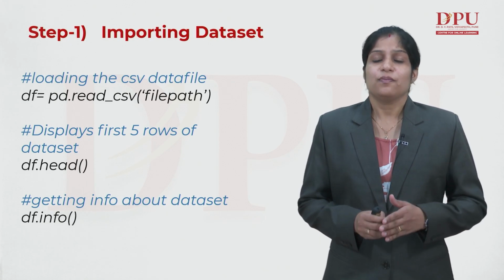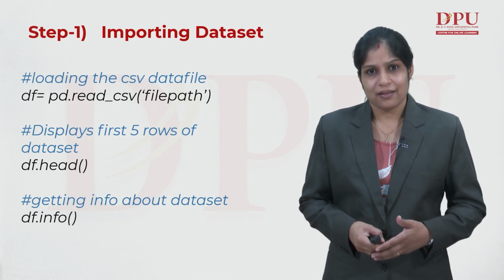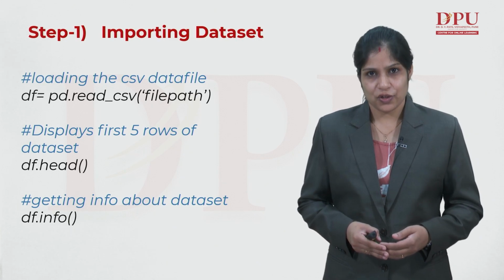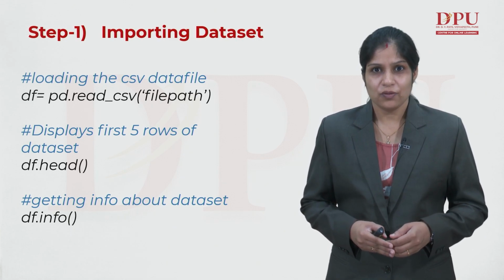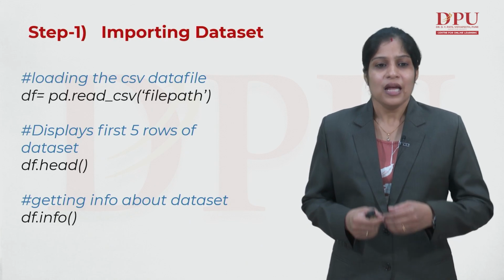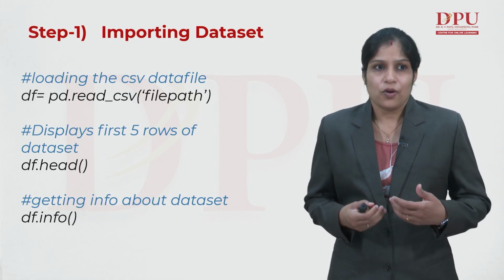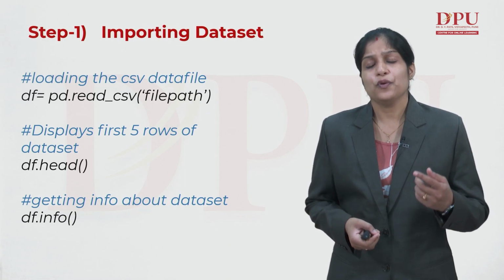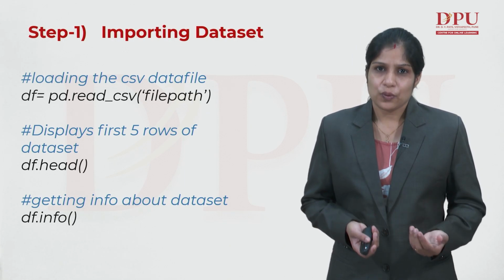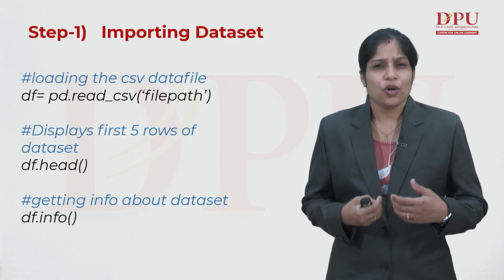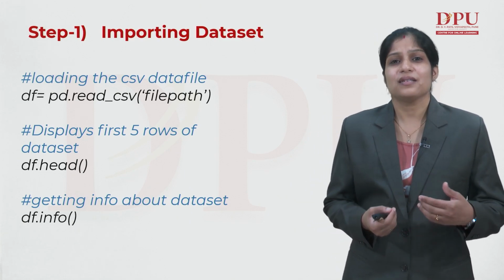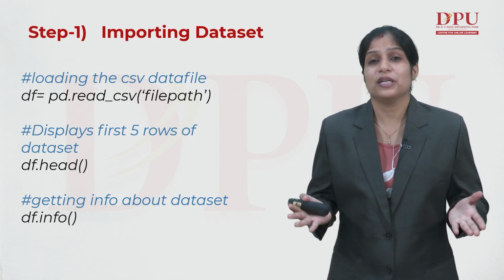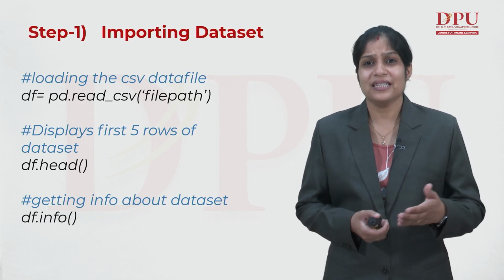Now to display the first 5 rows of our data set, we have to use the df.head function. The data set may have thousands or lakhs or millions of records, so it is not possible for us to view each and every record. What we do is take a snapshot, only 5 rows, to view how the data looks in the data set.